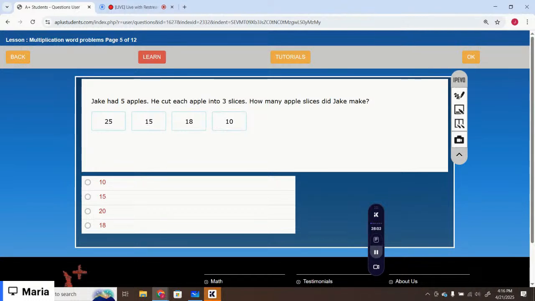So which is the correct option? That is 15. Option number 2 is the correct option.